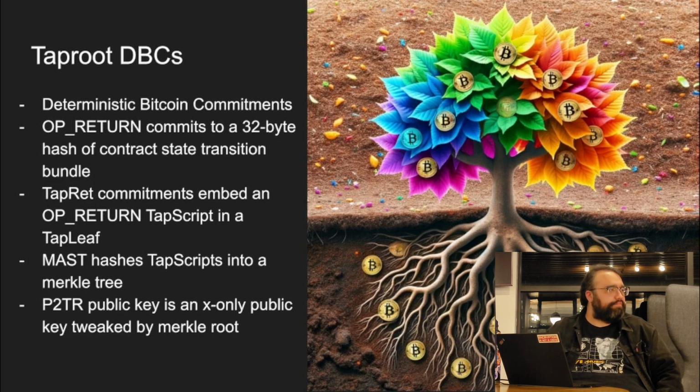And then by putting it into a leaf of a tree, it's as if on chain it's kind of like hiding in a crowd a bit, and people could provably say, based on the root, then they could choose to reveal, if they need to in a dispute, what the conditions and the information in the contract would need to be.